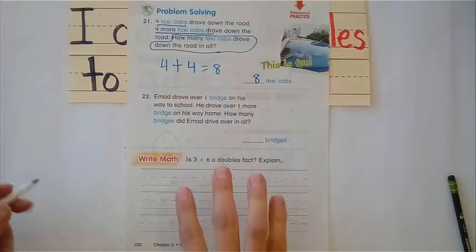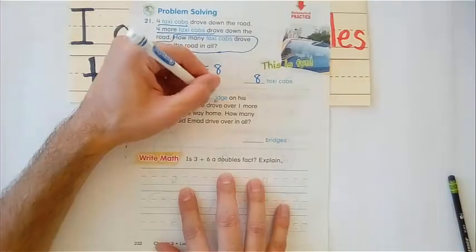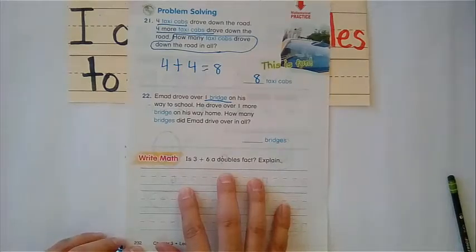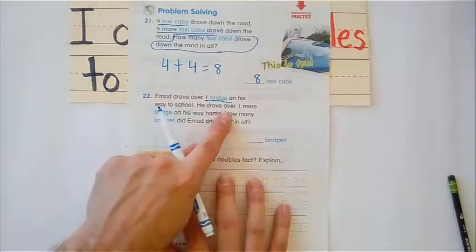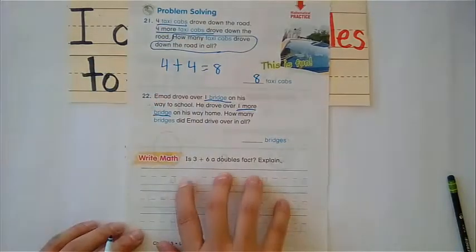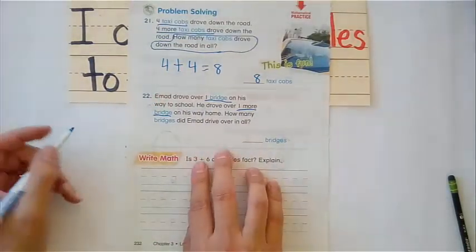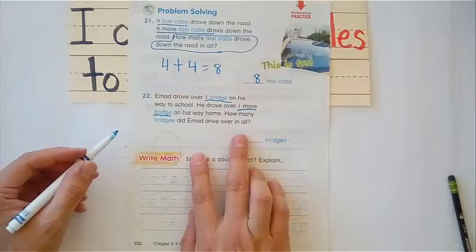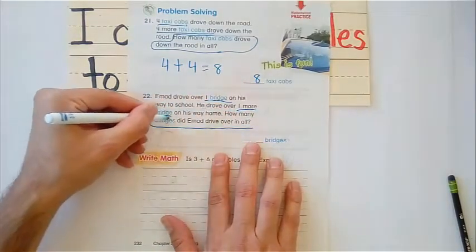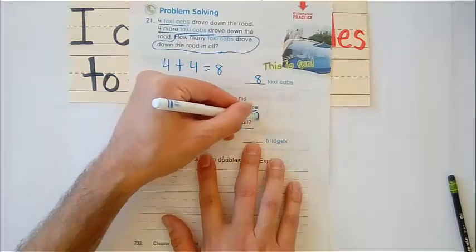It says Imad drove over 1 bridge. I'm going to underline that, on his way to school. He drove over 1 more bridge on his way back home. How many bridges did Imad drive over in all? There's that question mark, so we're going to circle that because that's what they are asking.